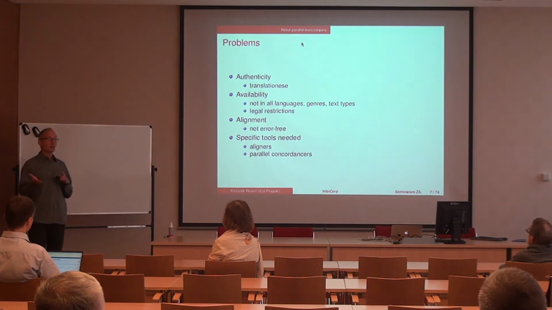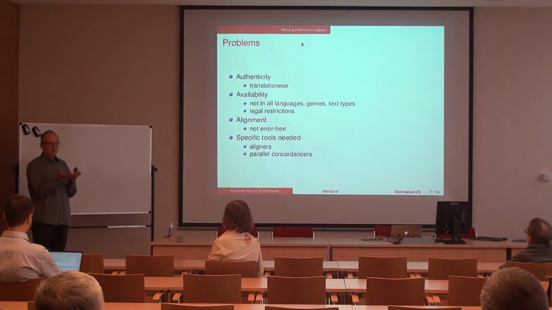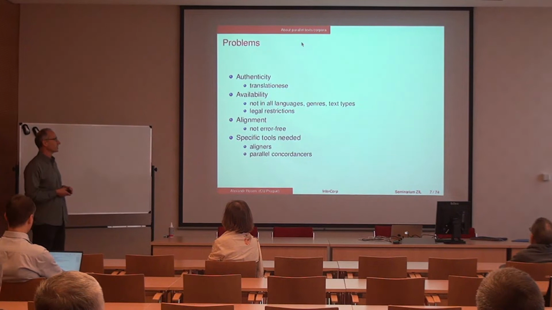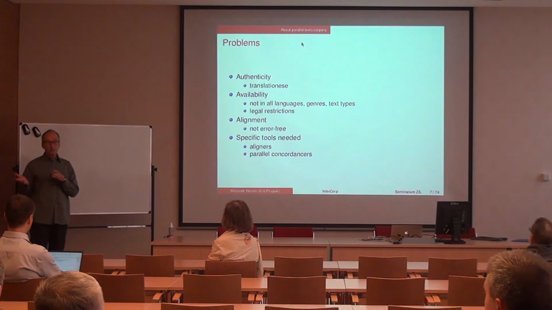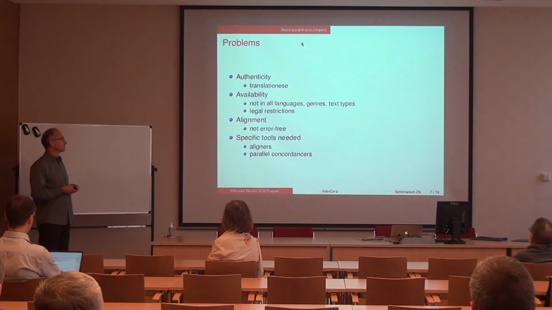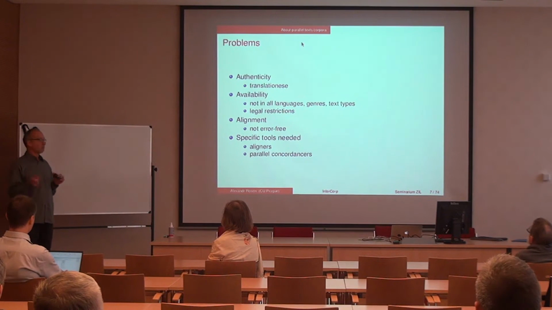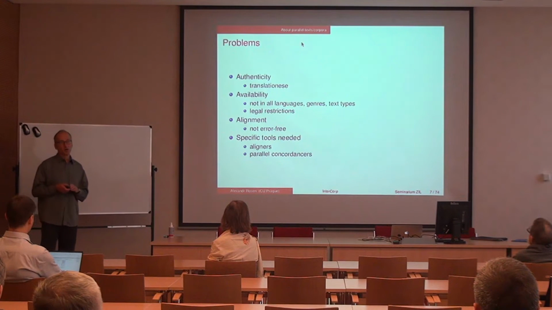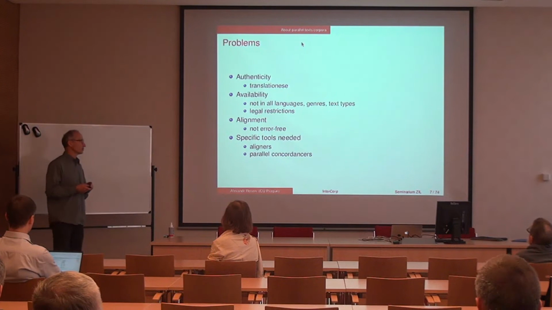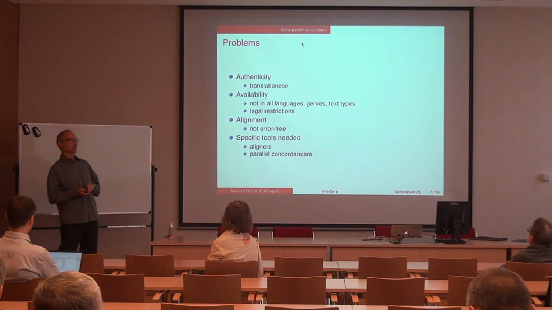Also, it's harder to get. You don't translate everything. You don't translate pub conversation and things like that. You have legal restrictions in various countries. It's different. Alignment is not 100% perfect, and you need specific tools that you don't need for normal corpora, such as aligners or parallel concordances.